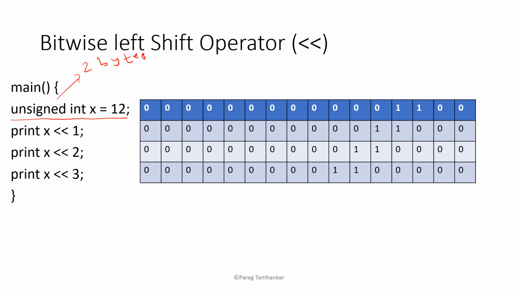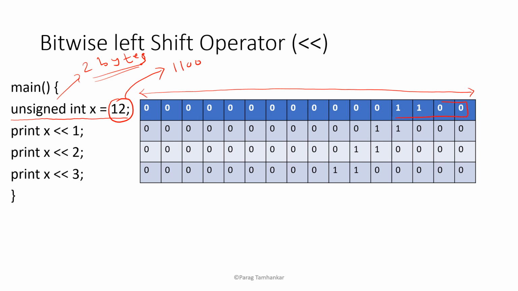If it is 2 bytes, we know there are 16 bits. These are the 16 bits shown over here. What I have stored over here is 12. We know that 12 in binary is 1100, so that's what I have written over here.